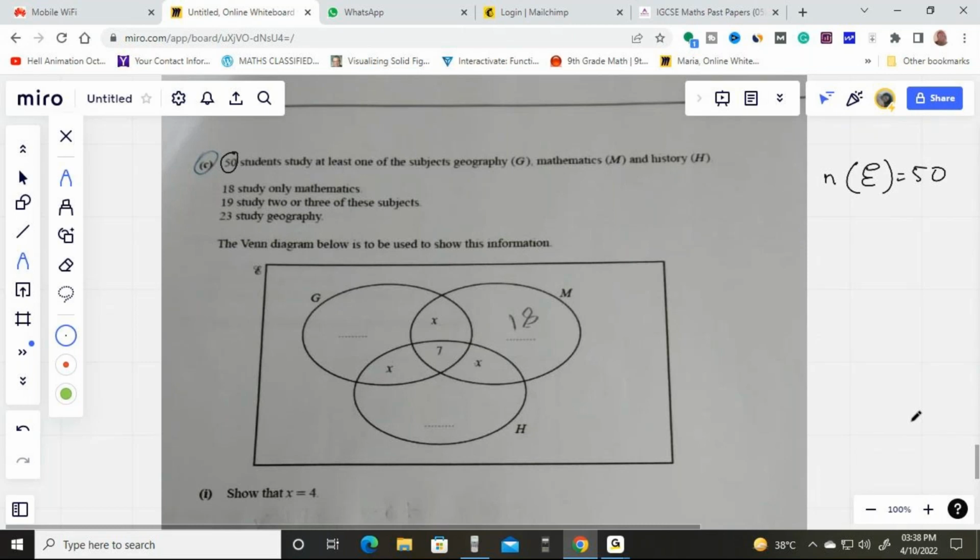So we need to fill up the Venn diagram over here. 18 study only mathematics, so you simply write 18 over here. The portion left from the non-overlap portion of your M set contains 18 students.